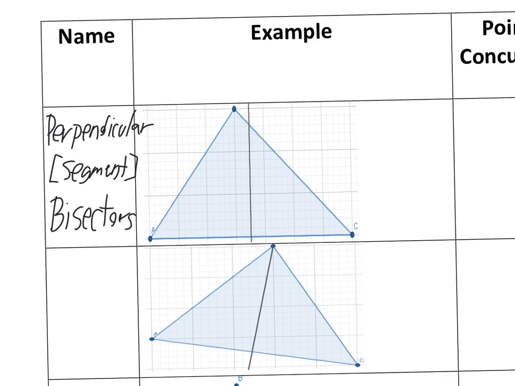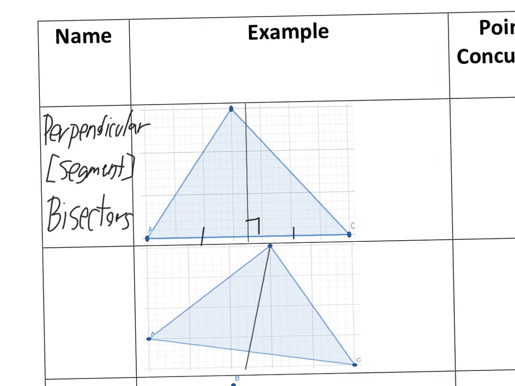And our perpendicular bisectors are essentially going to be segments that bisect a side into corresponding and congruent segments while forming a 90-degree angle with the base itself.